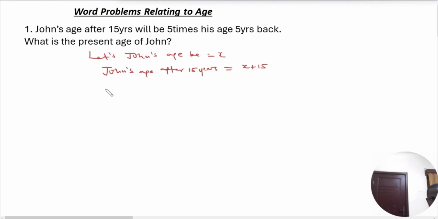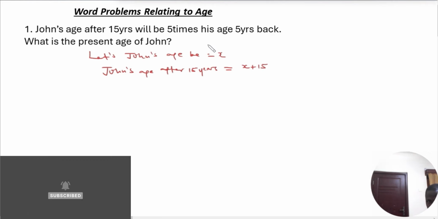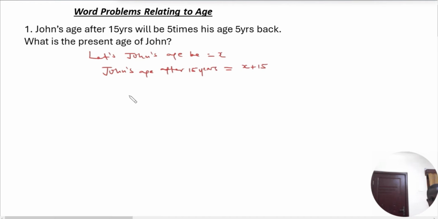Now the question is saying John's age after 15 years will be 5 times his age 5 years back. His age 5 years back, that is 5 years ago, will be x minus 5. 5 years ago, not after.